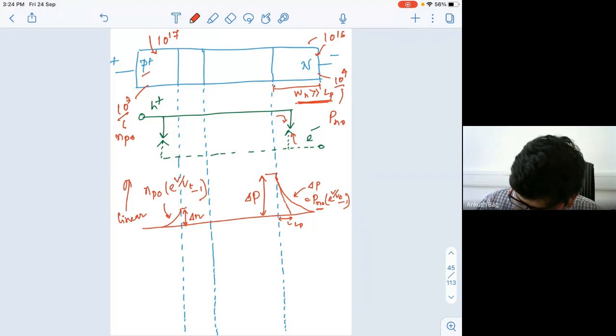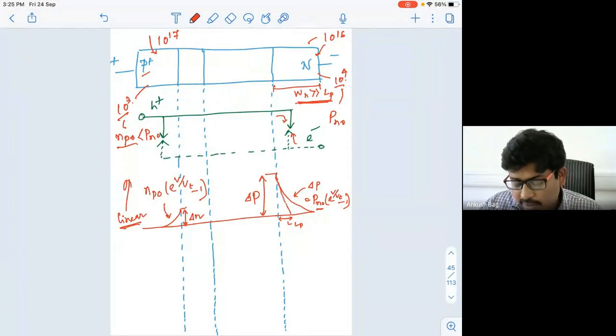So obviously your del N will be smaller because your Np naught is smaller than your Pn naught; you can see this is 10 to the power 3 order, this is 10 to the power 4 order. And once again, this is linear scale, so we need to show this because one order of change should be visible in this linear scale.